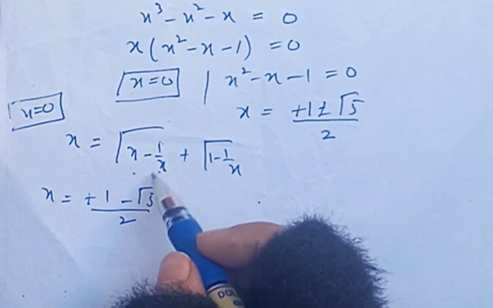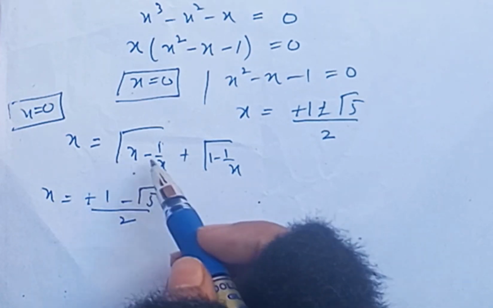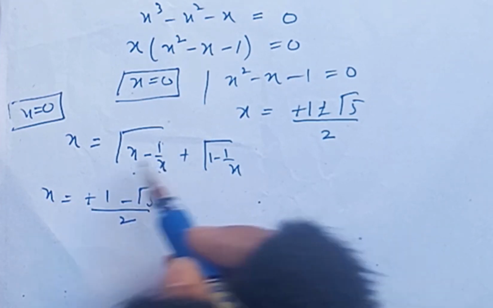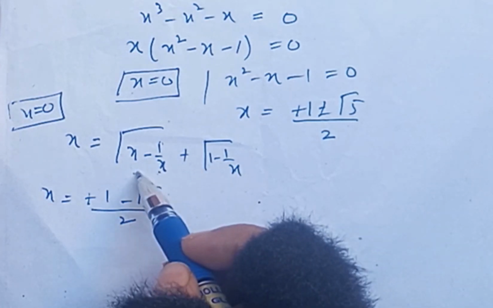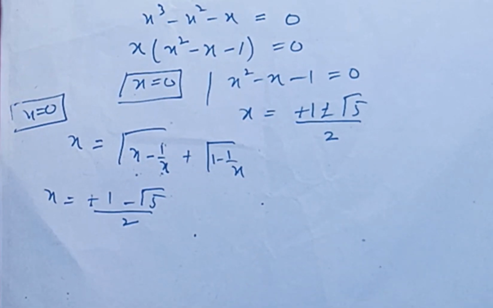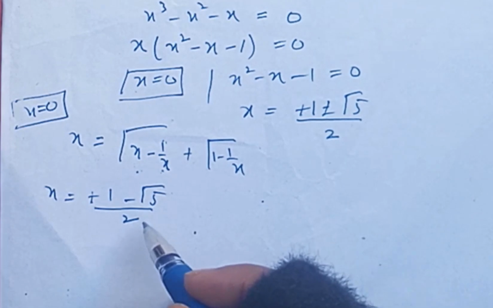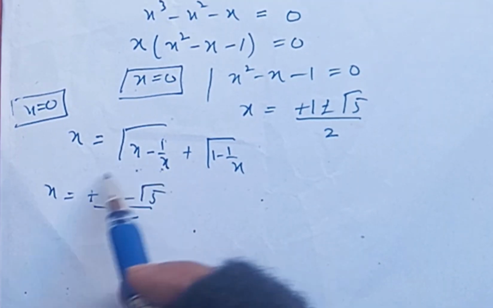So if we substitute this negative number, the left hand side is a negative number. Now look at the right hand side. If we substitute this number, then the first term is positive and the second term will also be positive. Positive plus positive is a positive number, so a negative number is not equal to a positive number. So x equal to (1 minus square root 5) over 2 is not a solution.